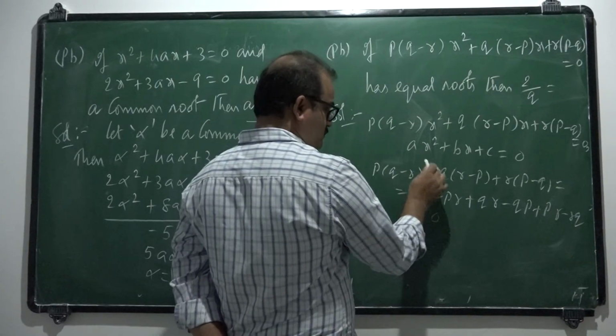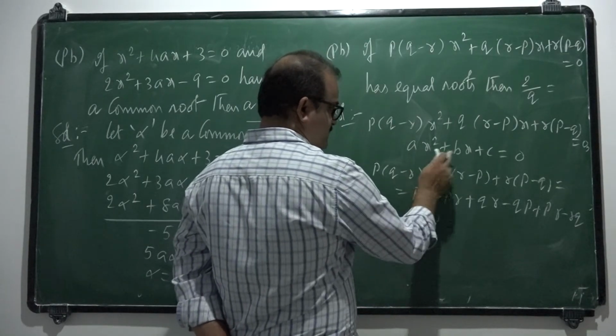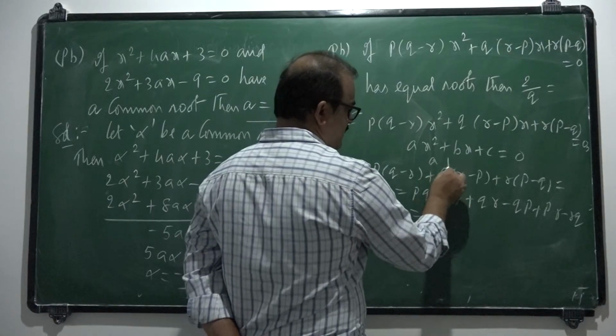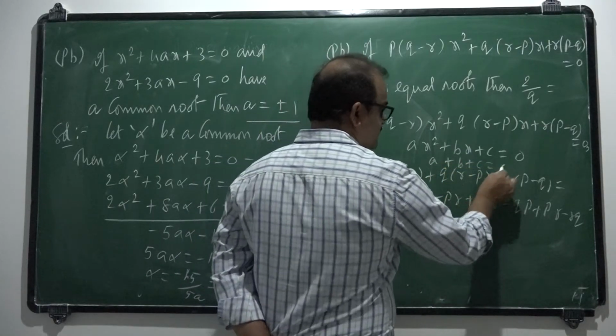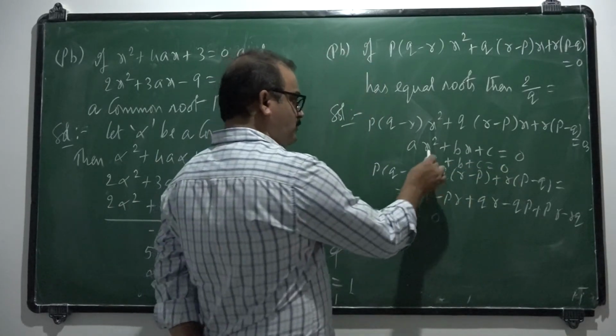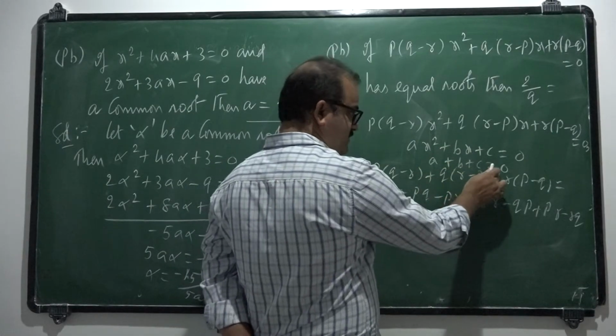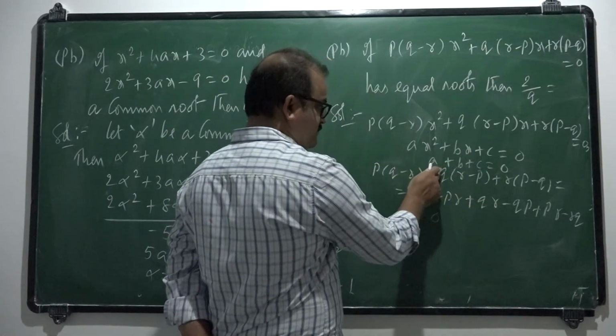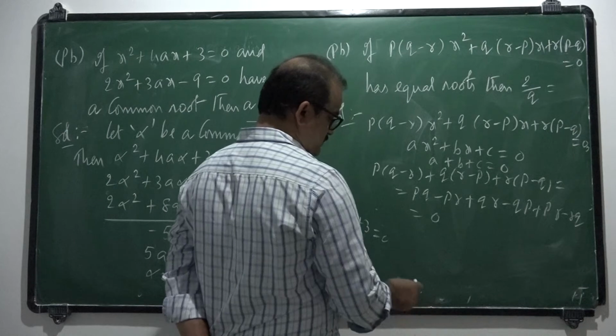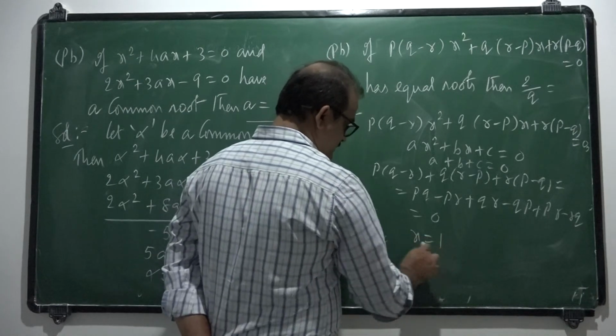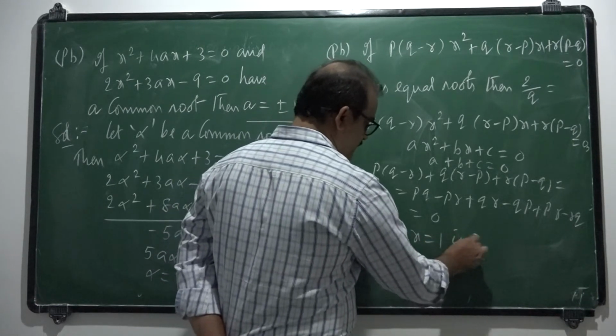See here also, if x is equal to 1, what happens? A plus b plus c is equal to 0. Here sum of the coefficients is 0. It is in this form, a plus b plus c is equal to 0. Therefore x is equal to 1 is a root.